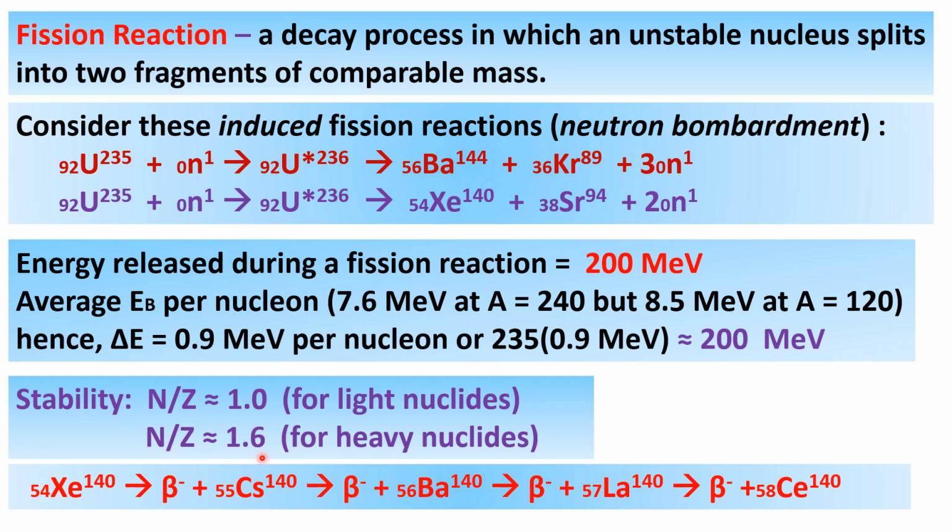Nuclear stability can be achieved by emitting radioactive particles such as alpha or beta. And sometimes, upon emitting beta particles, an electromagnetic radiation known as gamma radiation may also be emitted.